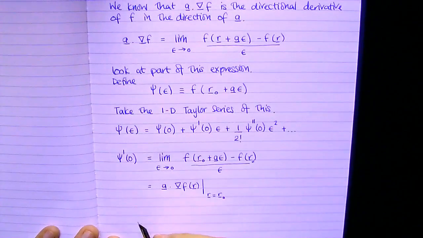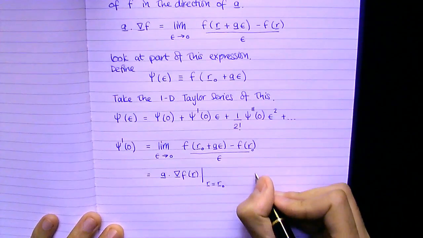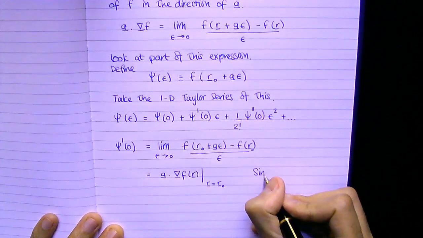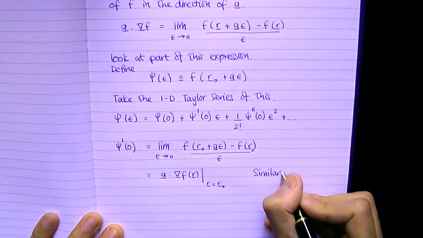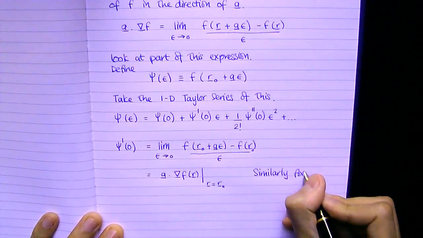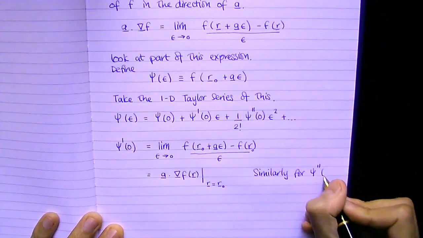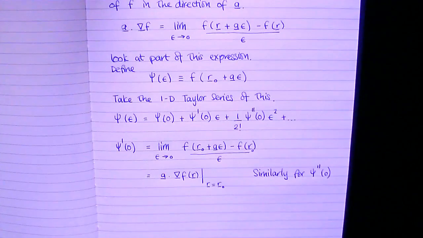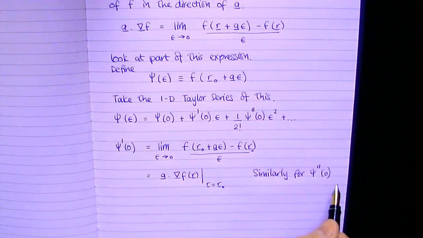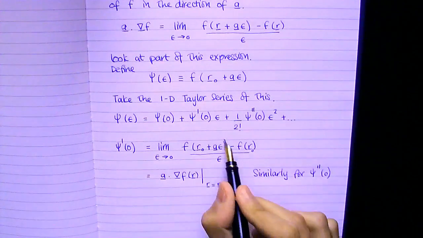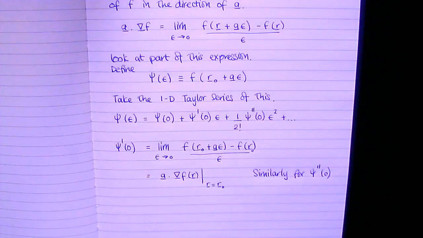Okay, similarly for the higher derivatives. So higher derivatives are the same. I'd do exactly the same procedure, just using the limit definition of the second derivative. So I just take the derivative of this, and we've covered that in normal linear analysis.